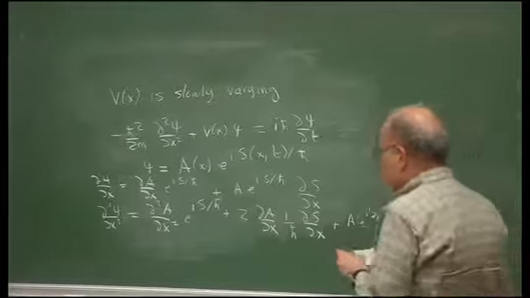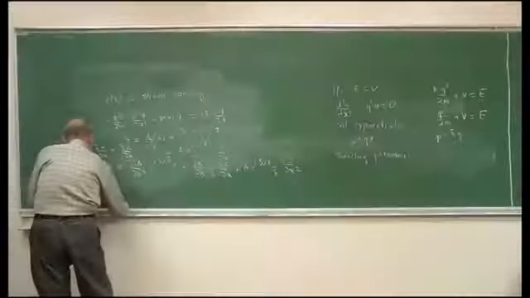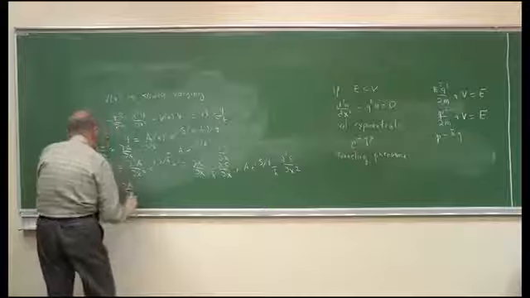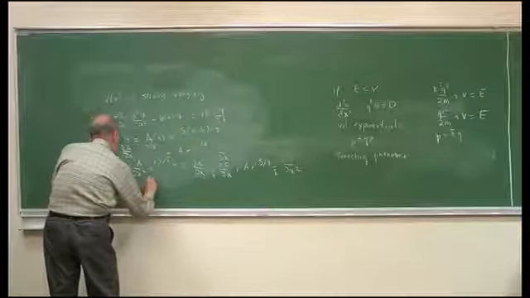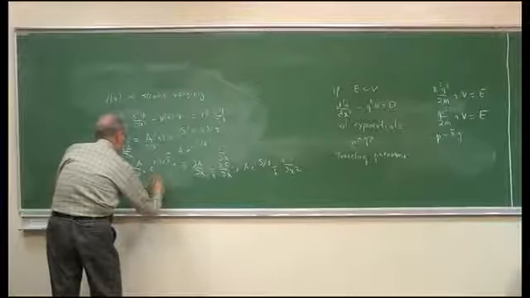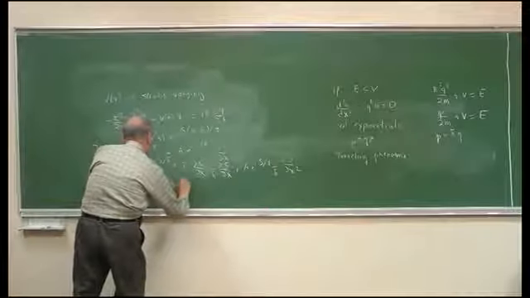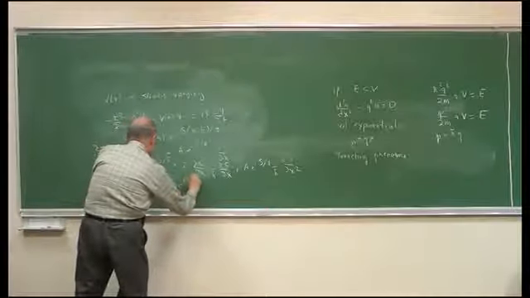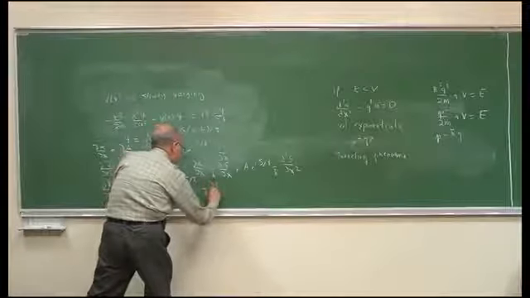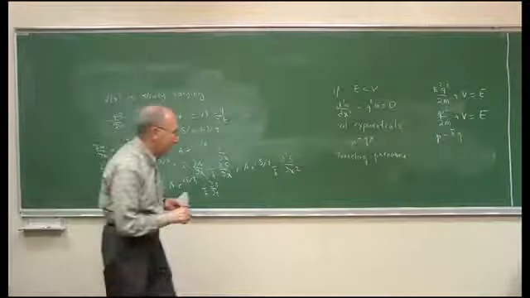Okay, and then I'll need dψ by dt: dA by dt, e to the i S over h bar, plus A e to the i S over h bar times i over h bar dS by dt. So this is just a simple process of taking derivatives.